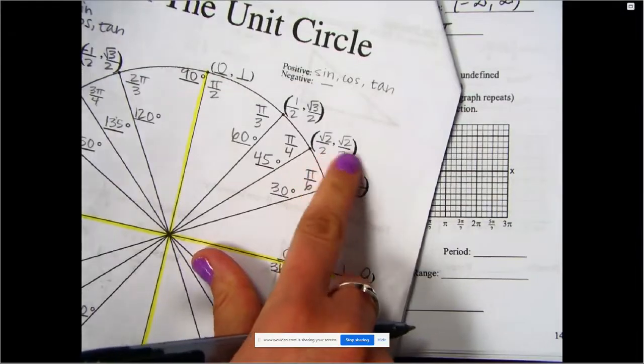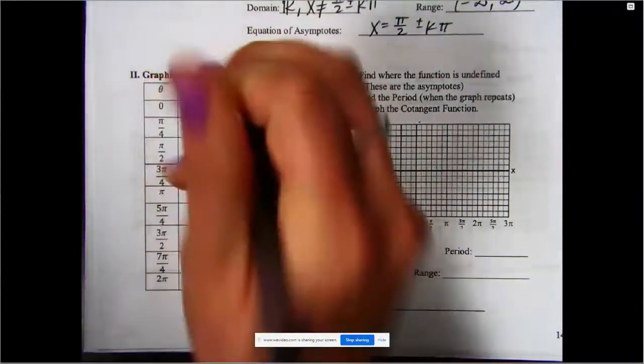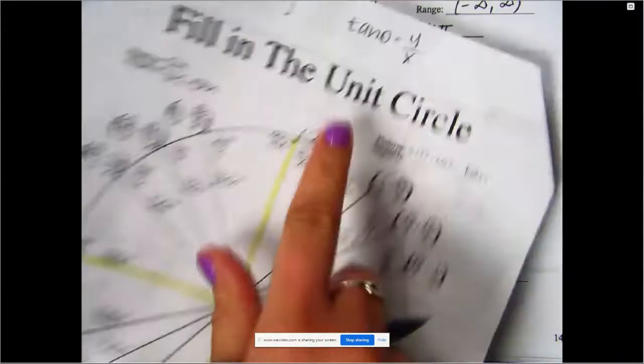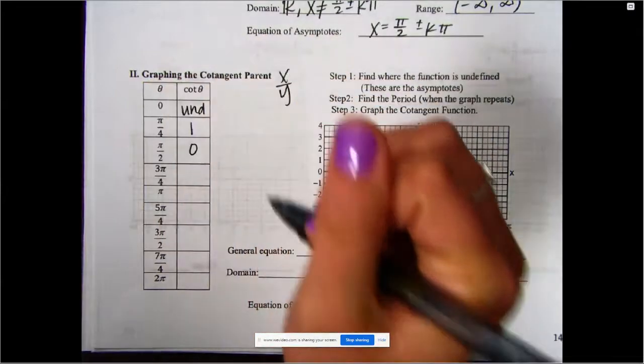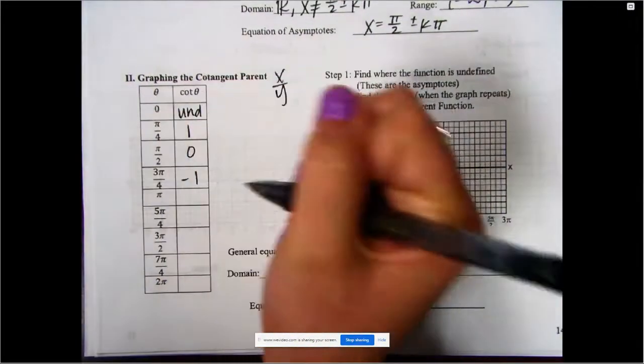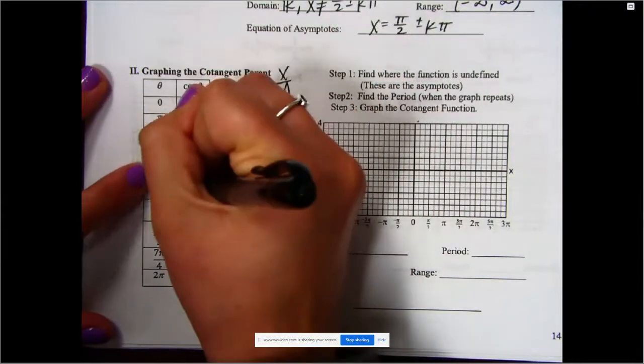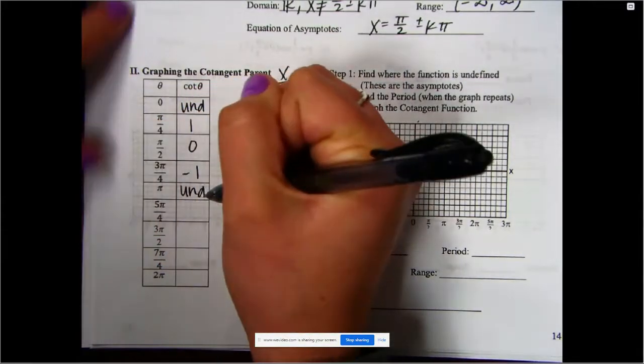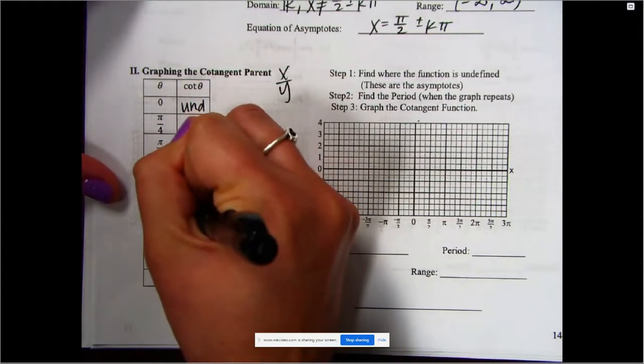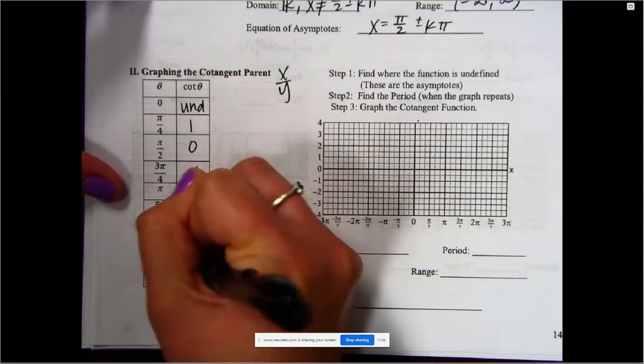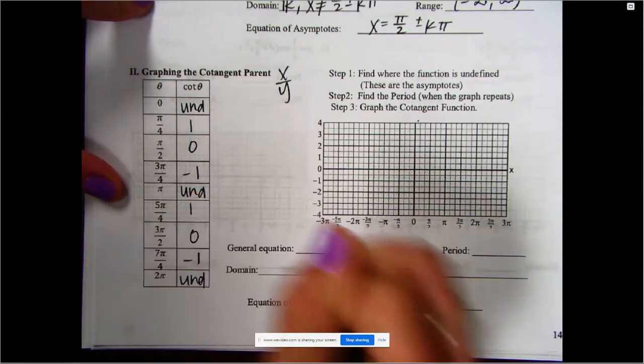X over y, this is still 1. X over y, now this is 0. X over y is -1, and keep going. Undefined, 1, 0, -1, undefined.